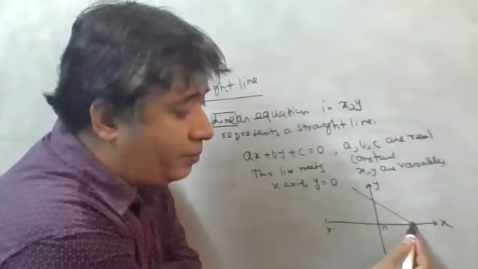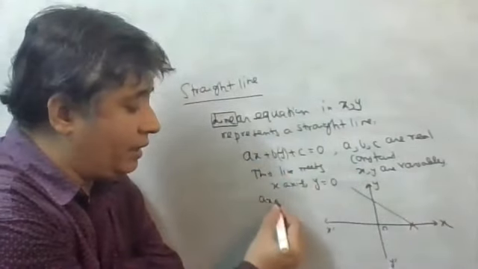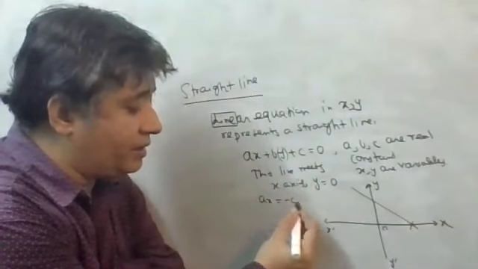This is the line. When it meets the x-axis, then y is equal to 0. Put here, you will get x is equal to minus c by a.